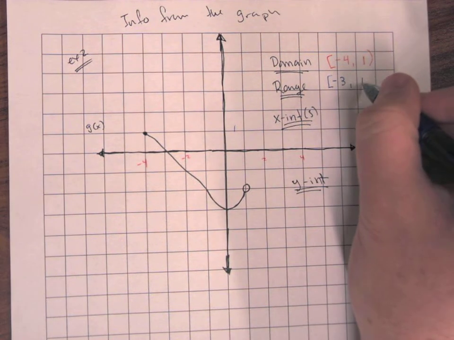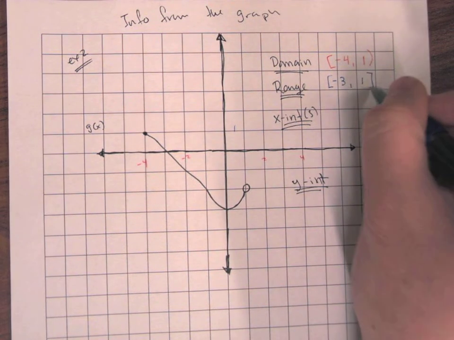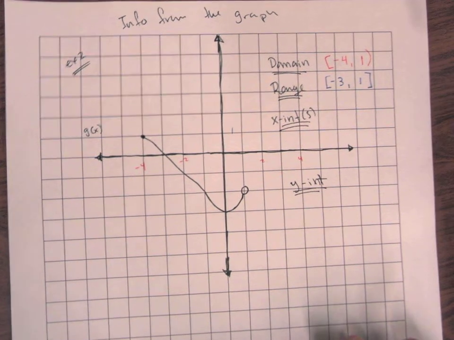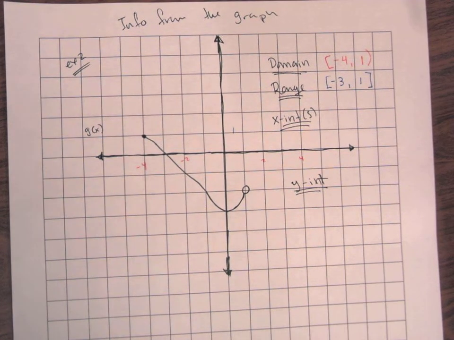That's another filled in circle, right? So we'll include it with a bracket. So the domain is -4 to +1. Our range here is -3 to -1. X-intercepts. Do we have any x-intercepts?